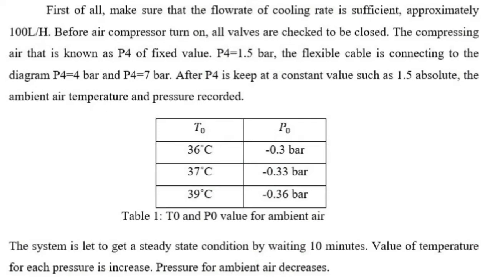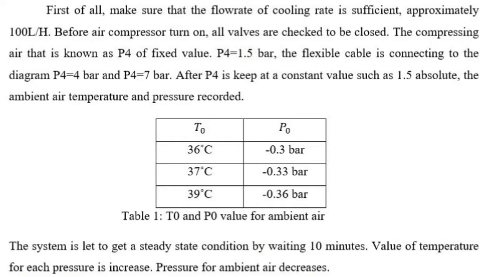Before the compressor is turned on, all valves are checked to be closed. The compressing air is known as P4, a fixed value. P4 is equal to 1.5 bar. The flexible cable is connected to the diaphragm for P4 equal to 4 bar and P4 equal to 7 bar.